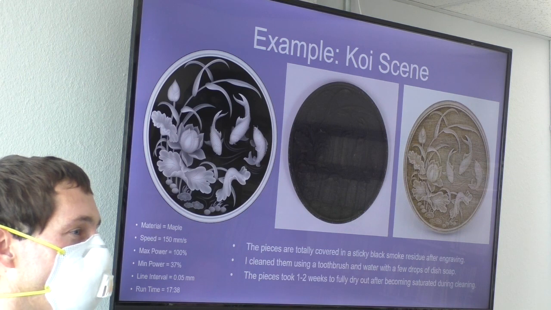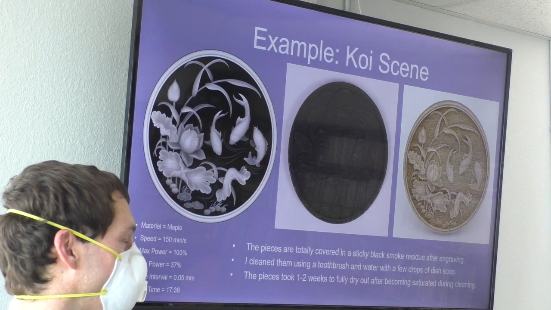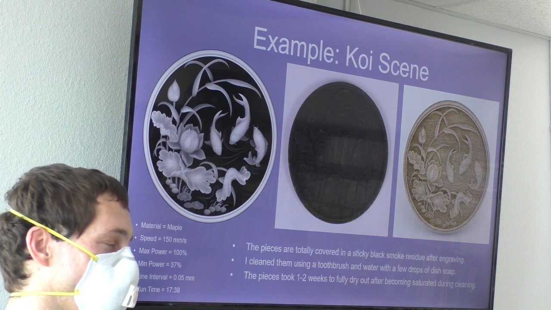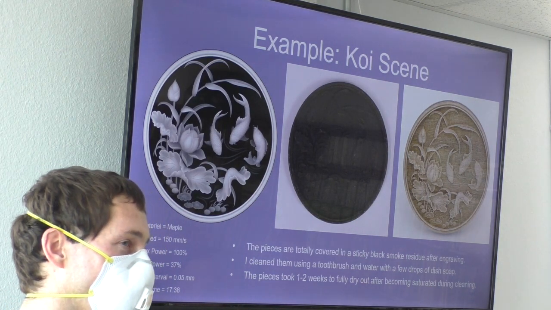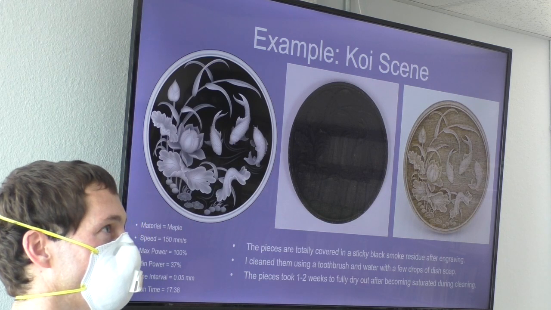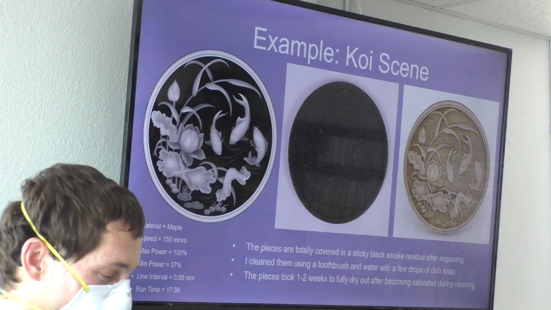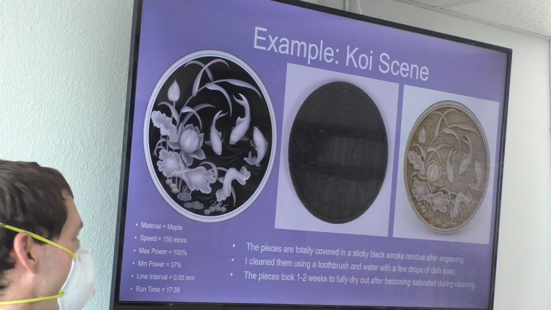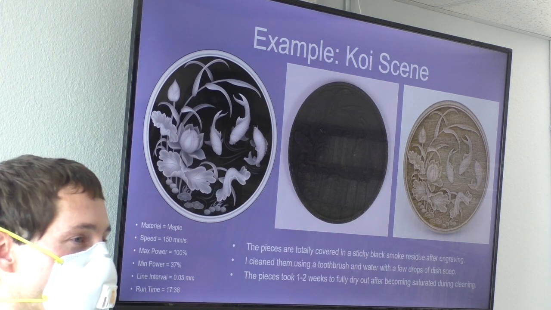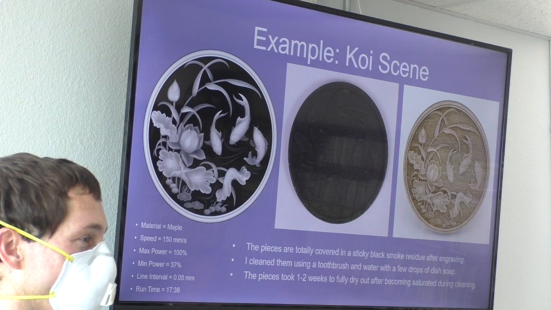So I bought some and tried it, and it did not work at all. Basically, it just dissolved the goo so that instead of being tar-like, it was much less viscous, and it just got everywhere on the piece and stained it. So it did not help. And obviously the problem with using water is it raises the grain, and that's going to be a problem no matter what for this.